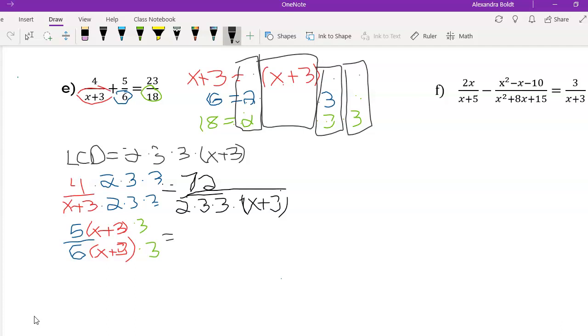So 5 times x is 5x, 5 times 3 is 15, 5x times 3 is 15x. And then 15 times 3 is 45.